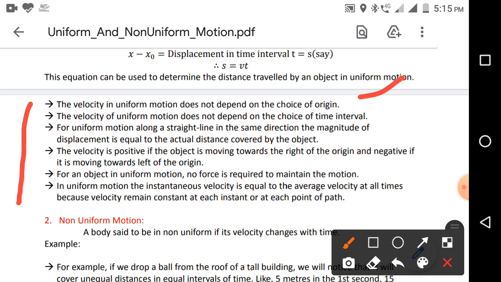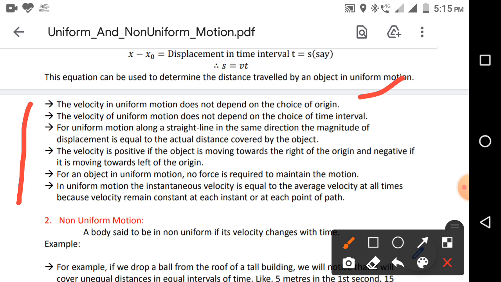Okay, then for an object in uniform motion, no force is required to maintain the motion. So no force is required to maintain the motion whenever the body is in uniform motion. In uniform motion, the instantaneous velocity is equal to the average velocity at all times, because velocity remains constant at each instant or at each point of time.